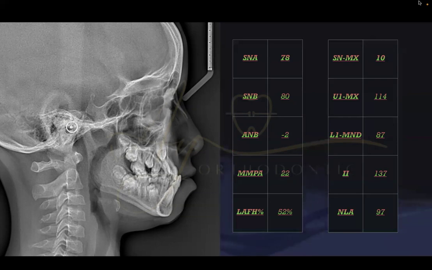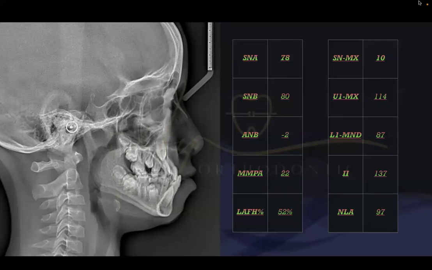It's a lateral cephalogram, and I'm going to reveal the skeletal, dental, soft tissue, and CVM of this patient. The skeletal parameters show that the maxilla is backwardly placed, with a value of 78 degrees.